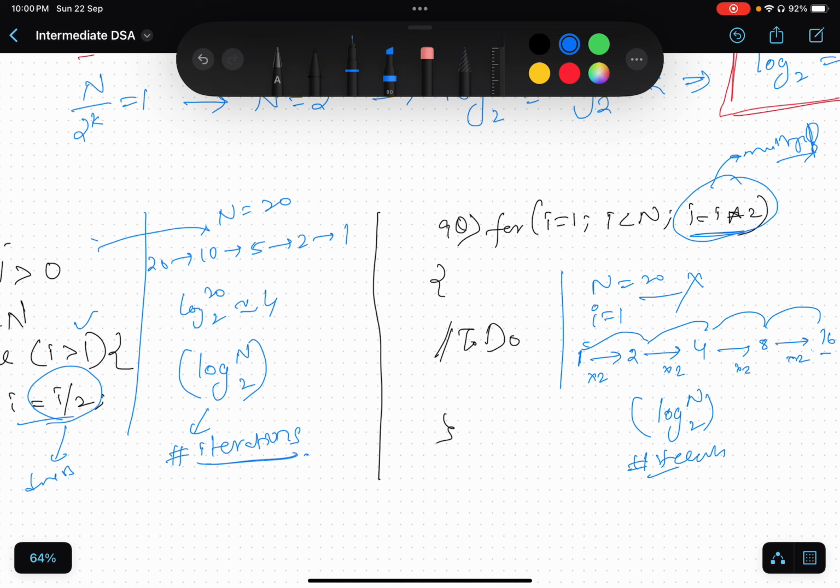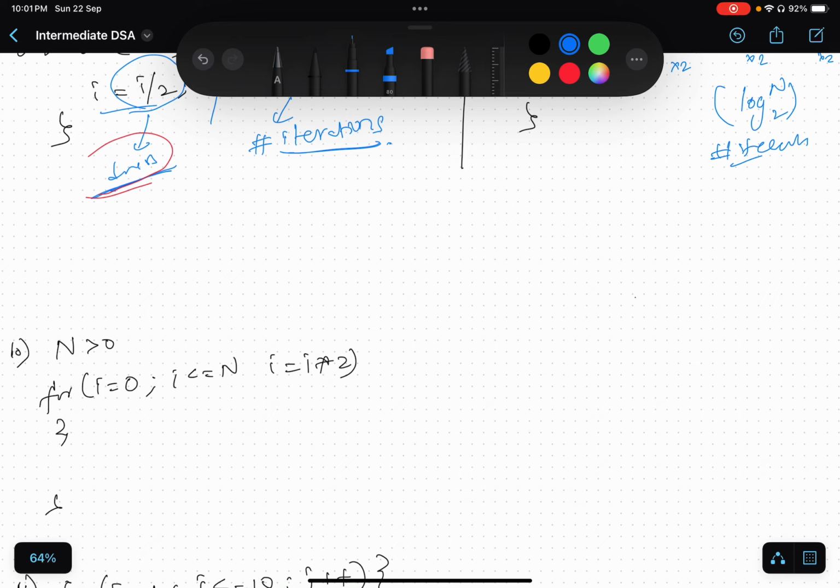With different combinations the iterations will change, but if there is any division or any multiplication, the first thought you can go for is whether there is any logarithm involved, right? We'll get to the next question. The next question, I have I equal to I into 2. I'll confirm, is it logarithmic? No. Blindly we shouldn't go for it. That's a hint only. We still have to check.